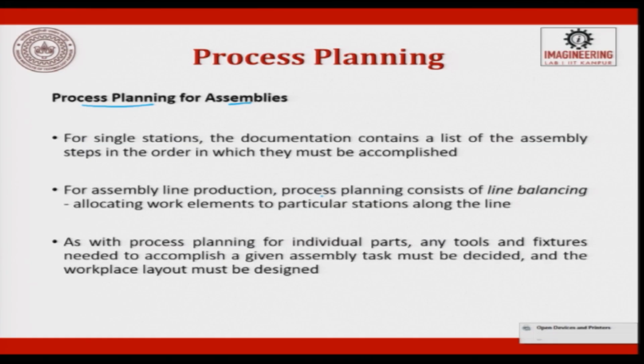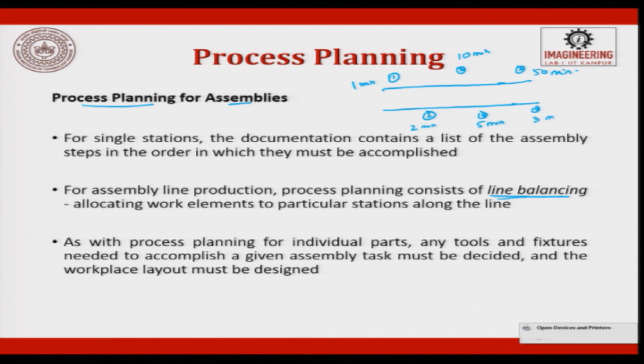For assembly line production, process planning consists of line balancing. So you have a conveyor, and there are several machines. Now, if there are 6 machines and you take 1 minute here, 10 minutes here, and 50 minutes here, and let them be stations 1, 2, 3, 4, 5 and 6, here it takes 2 minutes, here 5 minutes, and here 3 minutes.